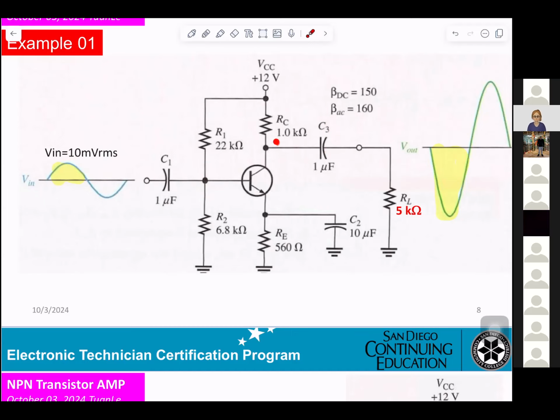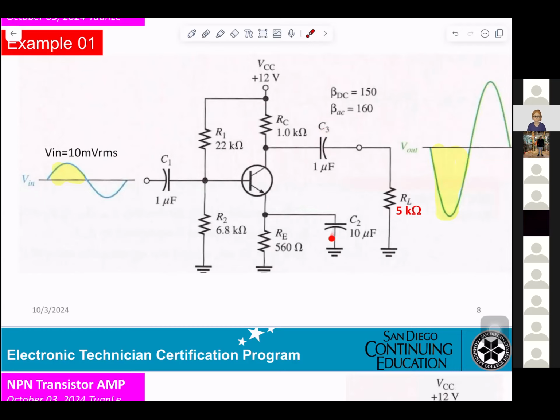At the collector point, you get DC voltage and the signal. However, when going to the load here, that means your speaker, they don't want the DC to go to the speaker. That's why they have a capacitor to block that DC, only AC coming out.